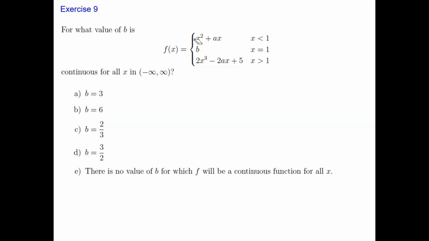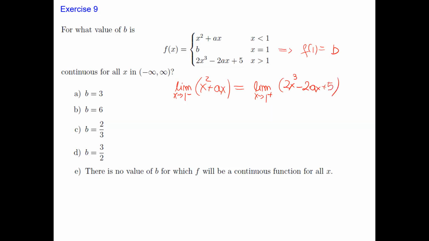Because at 1, as x is approaching 1 from the left-hand side, this is the formula. Exactly, the value of the function is b. And on the right-hand side, for x greater than 1, we do have this function.